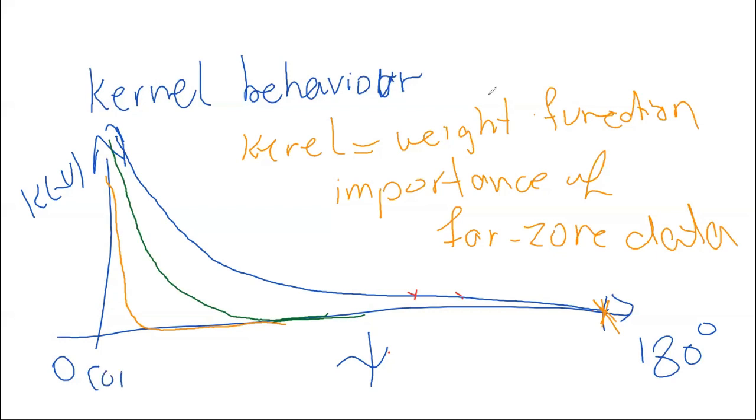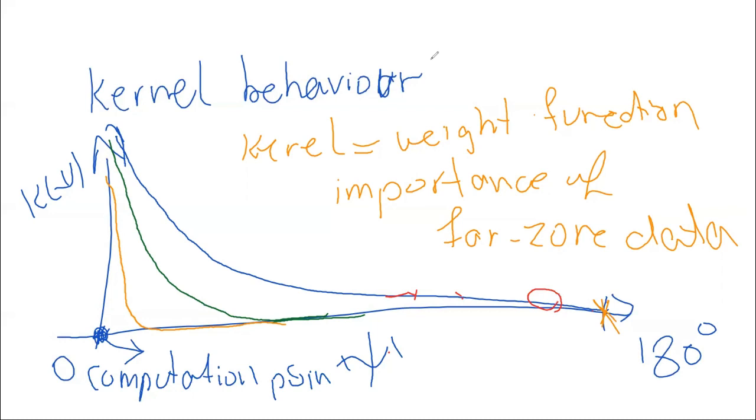Let me say the computation point is here. And here is where psi is. The 0 is the computation point, and there is our integration point. If this integration point is far from the computation point, you see that they have influence on the result because the kernel is not 0 here.